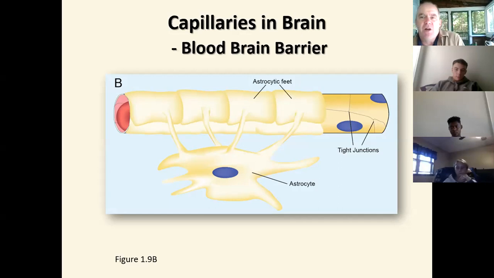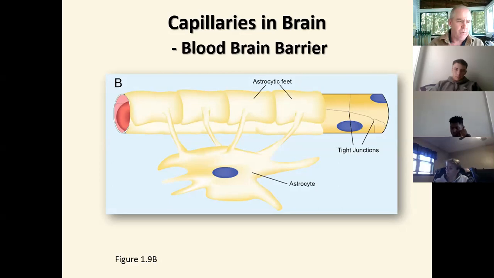So if you've got some kind of polar toxin, it really can't get out of the capillary and into your brain. It's a way of protecting your brain from substances. If something is nonpolar, it can diffuse right through lipid bilayers, so it will get into your brain. So with the blood-brain barrier, the only way something can get into your brain is if it's nonpolar. And so all the drugs that we talk about, the ones that affect your brain, will be nonpolar drugs.